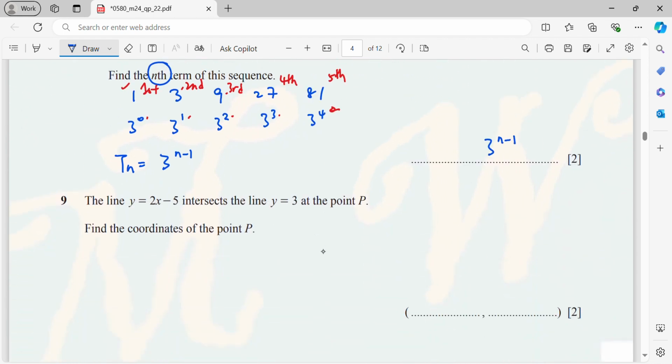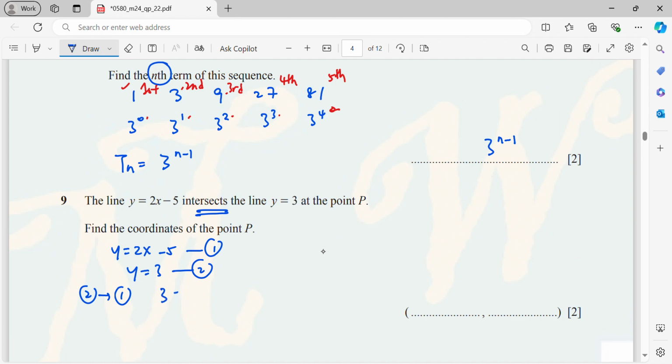For question number 9, the line y equals 2x minus 5 intersects the line y equals 3 at the point P. Find the coordinates of the point P. So when it intersects, you need to solve the simultaneous equations. So I substitute the second equation into the first equation, which means I replace my y value by 3 in the first equation.